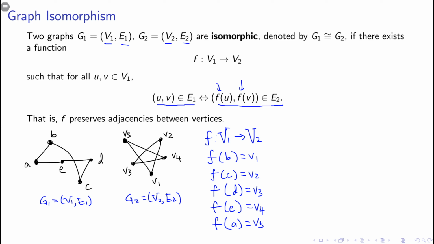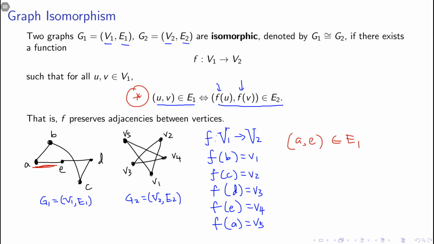Such that adjacencies between vertices are preserved. And all that really means, using this condition here for isomorphism, is that if you look at the edge AE, for instance, we know that A, comma, E is an edge in G1.